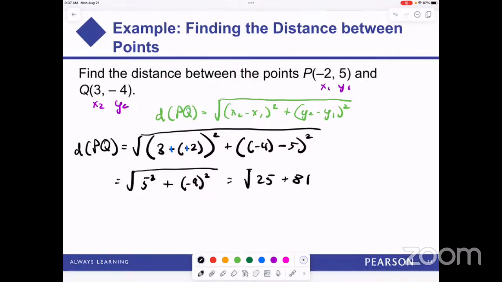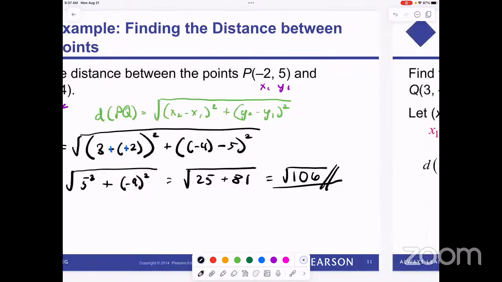What is that? 106? I think we can leave that as the square root of 106. That's the exact result. Then we can use our calculator if we wanted a decimal approximation. I don't think there are any perfect squares that come out of that. I think that's about the best we can do, right? If we wanted that decimal, we would use our calculator.